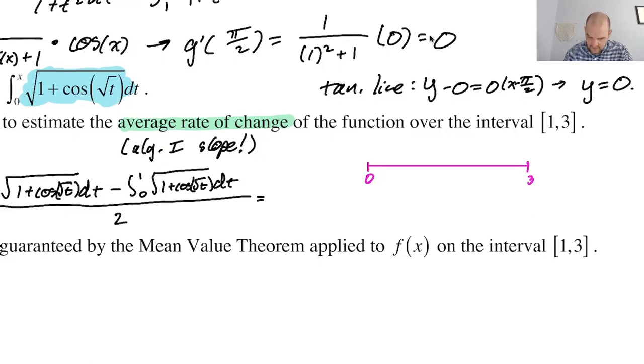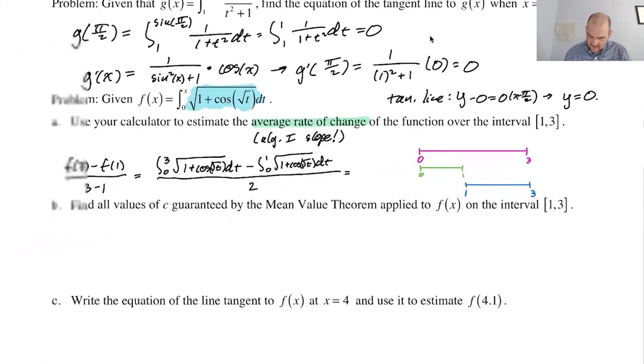And then for the second one, I'm going to draw another one and label this from 0 to 1. So if I go from 0 to 3 and I subtract 0 to 1, you can just lay it out and look at the bounds to figure out what integral we're left with. So we're left with the integral from 1 to 3.